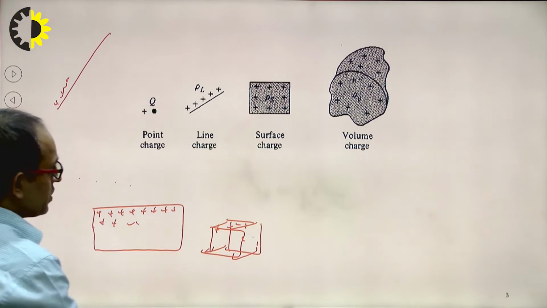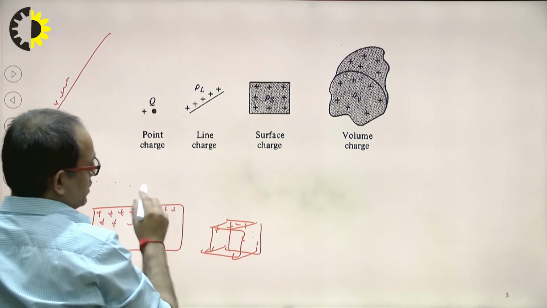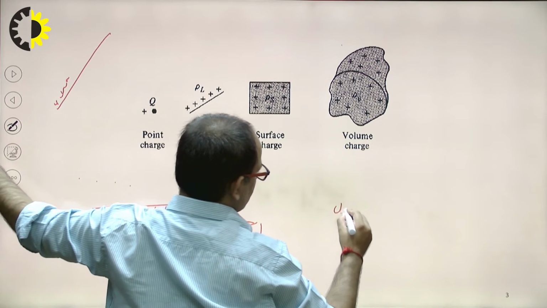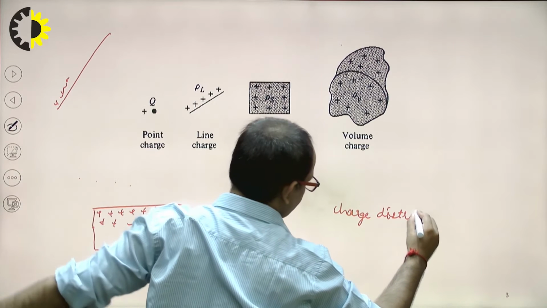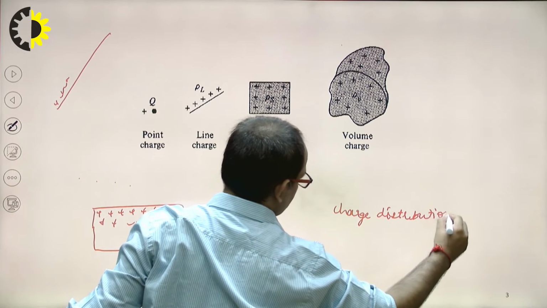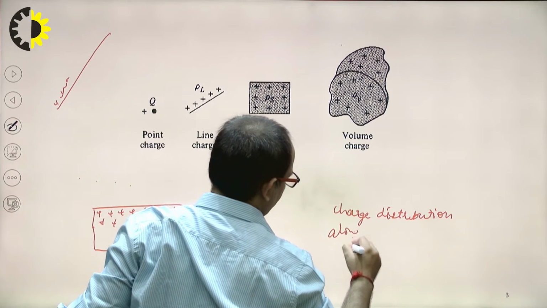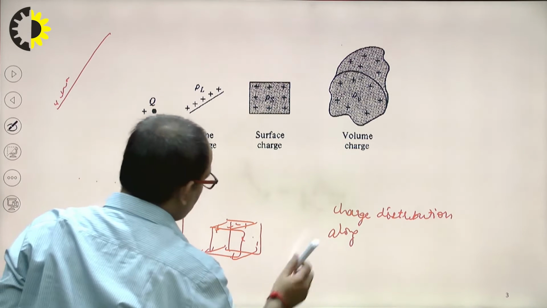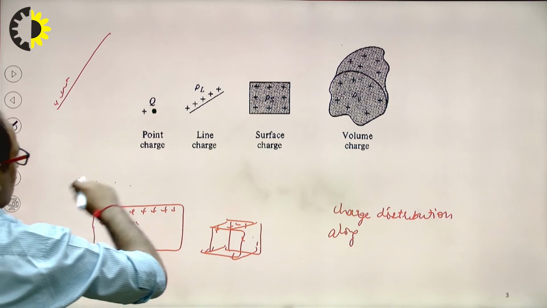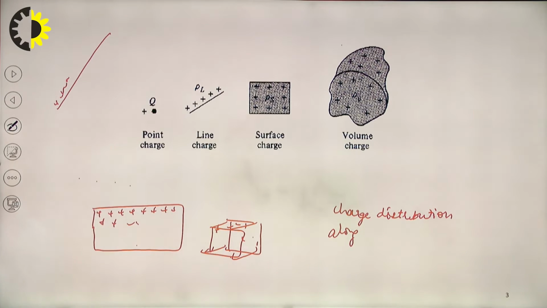So that is known as the charge distribution along a surface, along a volume, or along a line, and this one is the point charge.